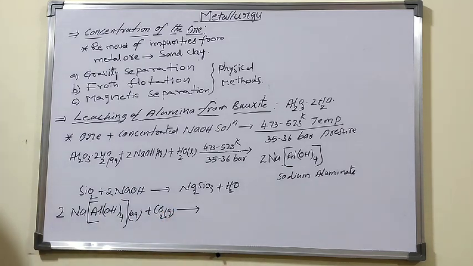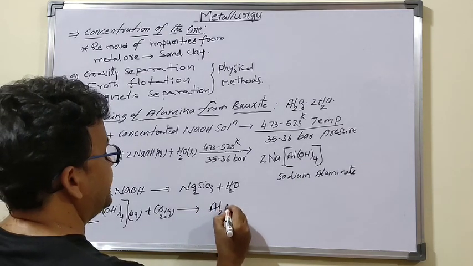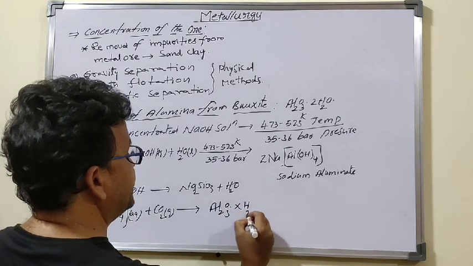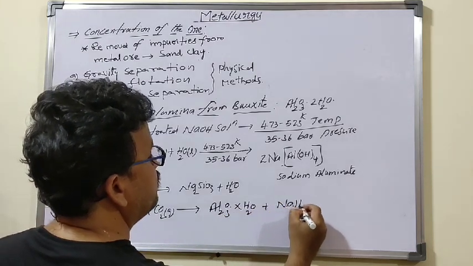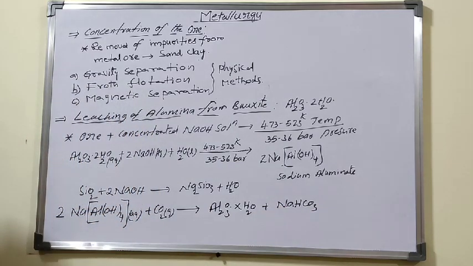When sodium aluminate is neutralized by carbon dioxide, we are getting hydrated aluminum oxide precipitate. So hydrated aluminum oxide precipitate is going to be formed here.